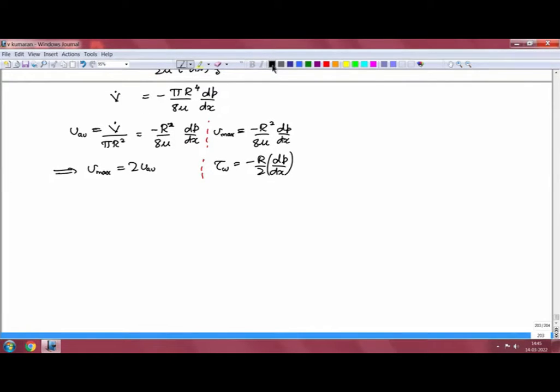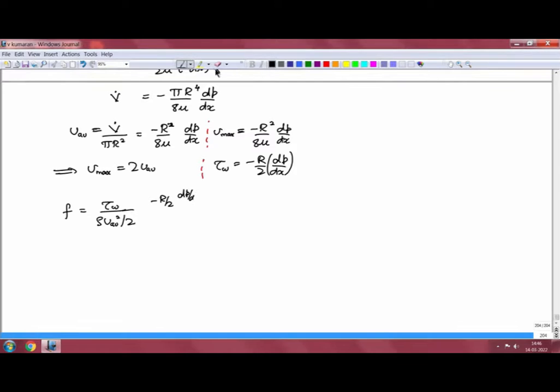So, now we can calculate the friction factor. f is equal to tau w by rho V average square by 2, the ratio of the wall shear stress and the kinetic energy per unit volume. And you substitute for the average velocity and the wall shear stress. So, in the numerator you will have minus r by 2 dp by dx.